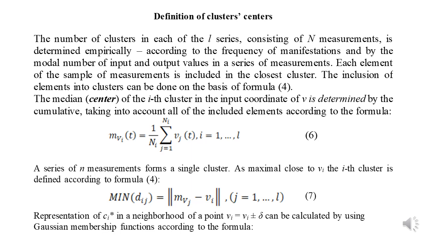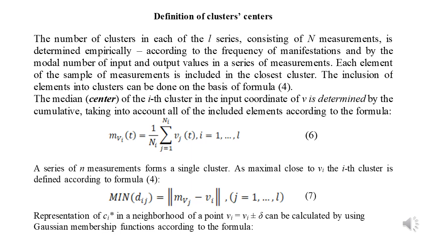Later, the medians of clusters in input coordinate are determined by the cumulative and taken into account all the included elements according to formula 6. The series of n measurements forms a single cluster. The maximum closeness to the ith cluster is defined according to formula 4 and described by equations 7.